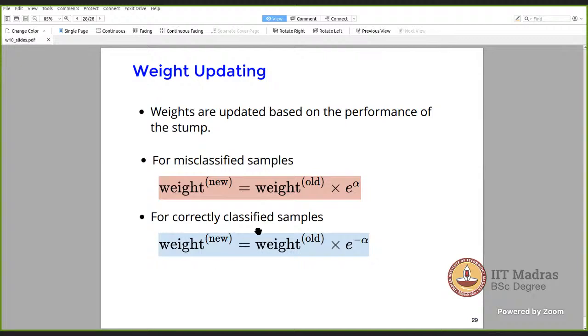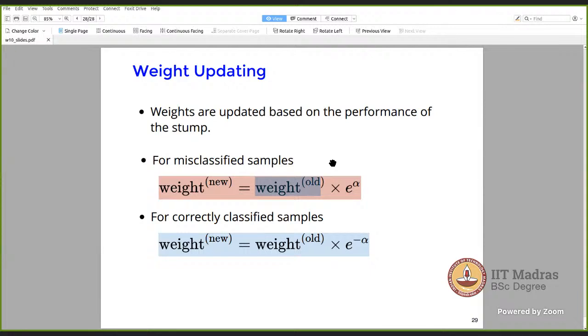So let's say this weight old is the old weight, let's say 1/20 that we started with. Now that model made some performance alpha. Since the model performed well, but could not classify this sample well, we should increase the weight of this sample. Makes sense?